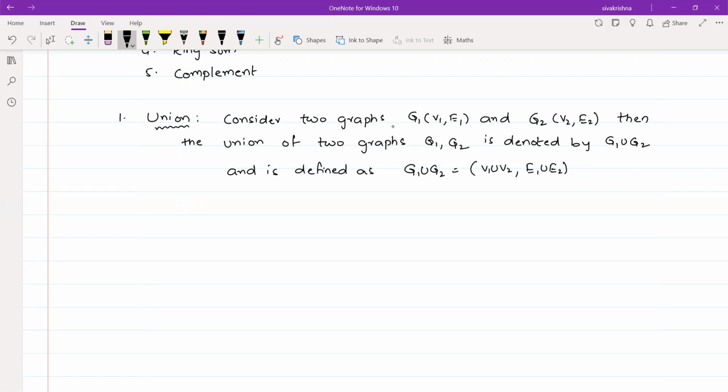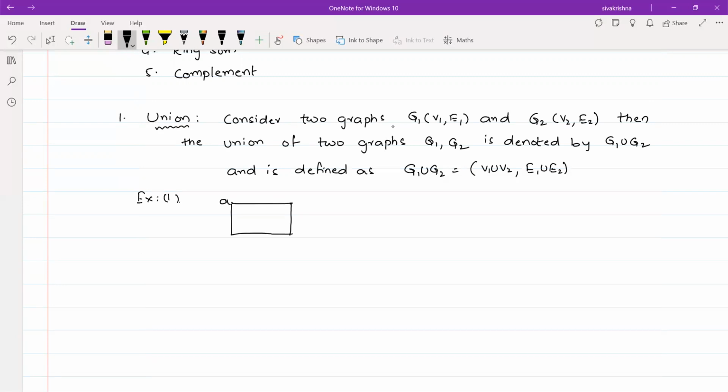Okay, so in order to understand this definition, I am giving you one example. So coming to the first example, here I am drawing the graph G1. So this is graph G1.